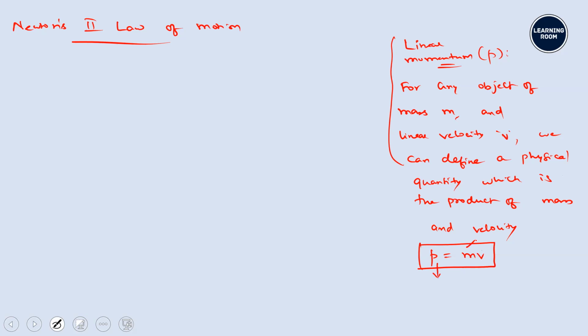So linear momentum's mathematical definition is mass multiplied with velocity. I'm sure you have learned this in your lower grades.